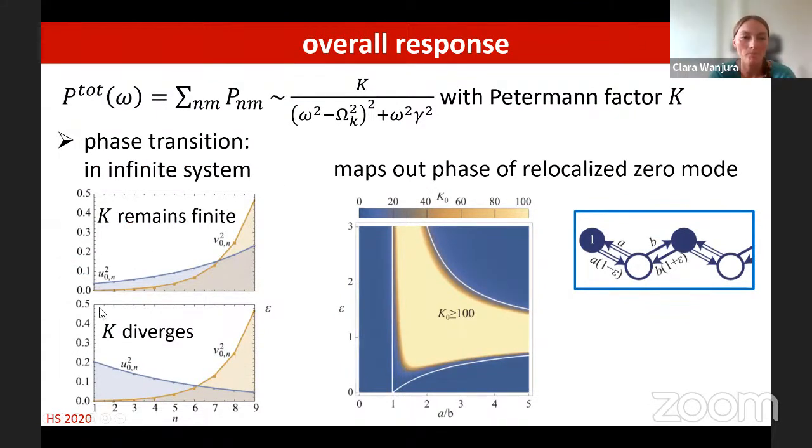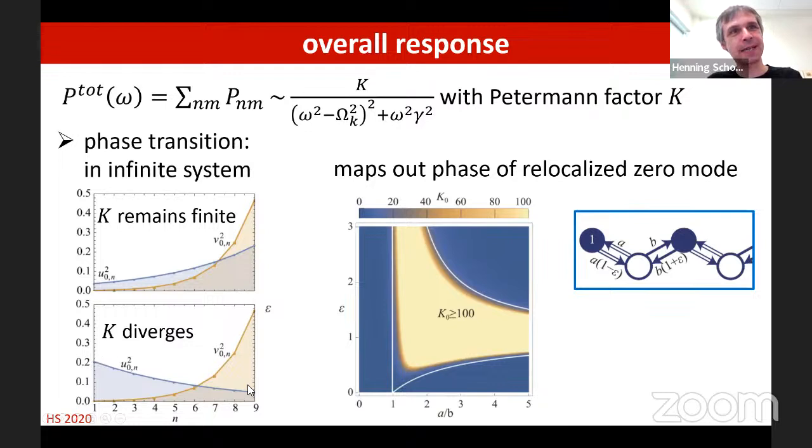Now, in the region of directed amplification, the left eigenstates are on the right-hand side of the system. That's very horrible. But it tells you if you would excite the system on the right, it would respond very strongly on the left.